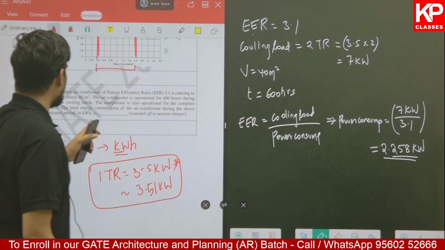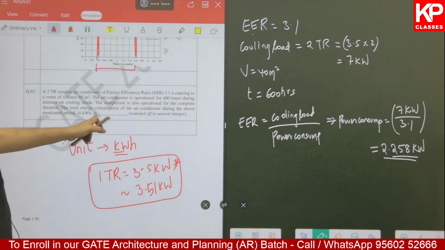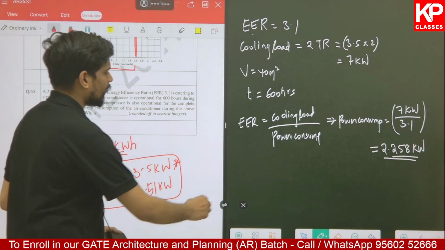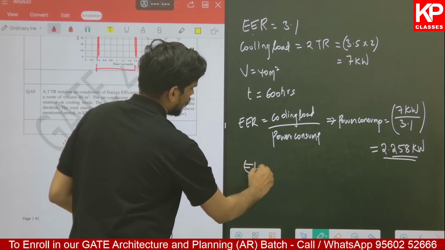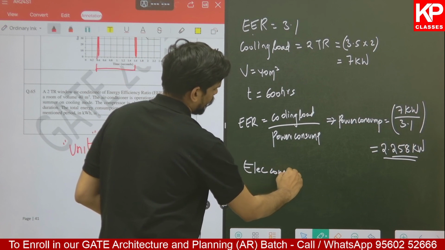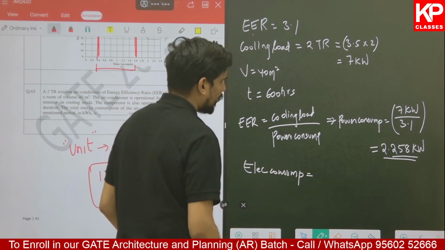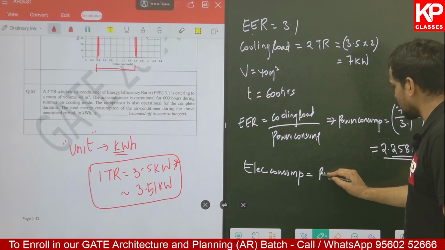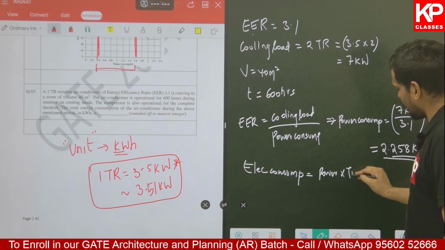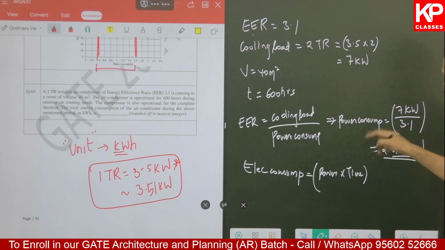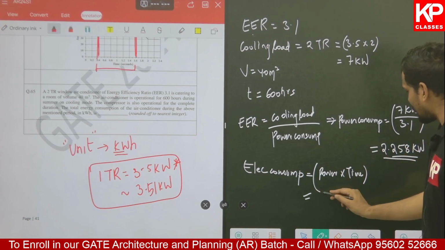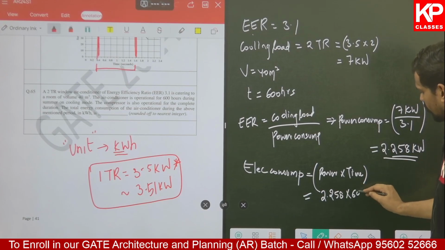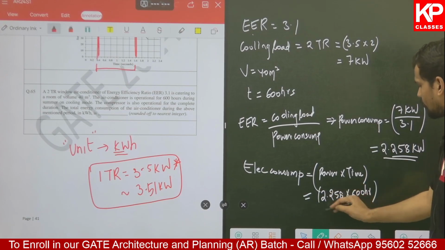What is the total energy consumed in kilowatt hours? Electricity consumption will be the rated power of the appliance, that is basically power multiplied by the time of usage, kilowatt into hour. The power has to be taken in kilowatts, that is 2.258, multiplied by the time in hours, that will be 600.